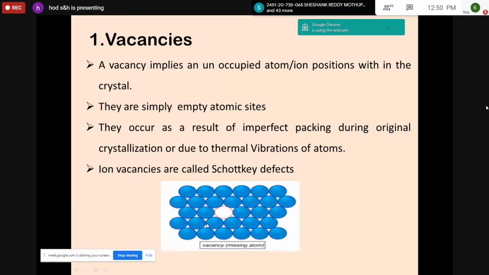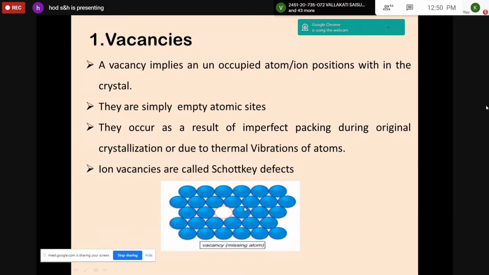A vacancy implies an unoccupied atom or ion position within the crystalline plane, and they are simply empty atomic sites. Some lattice points are not occupied by the regular atoms or ions. They create certain distortion, and these crystal defects are called vacancies. Generally, vacancies occur because of imperfect packing during original crystallization, since you have to fabricate and synthesize crystals.